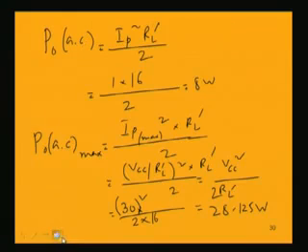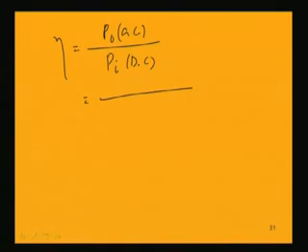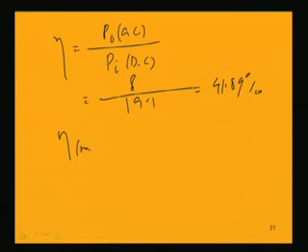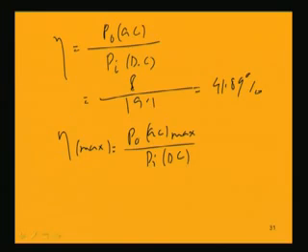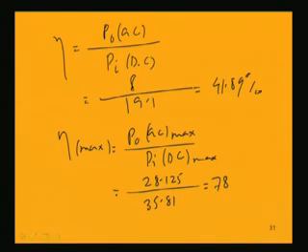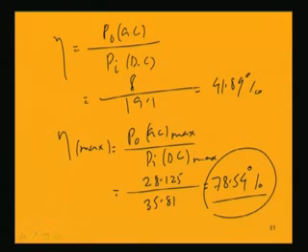So, this value will be 8 by 19.1, and that is equal to 41.89%. The maximum efficiency is P naught AC maximum by Pi DC maximum, and these values are 28.125 and 35.81. So, that gives 78.54%, which is the typical maximum efficiency value. That also has been verified as the maximum value it can have.